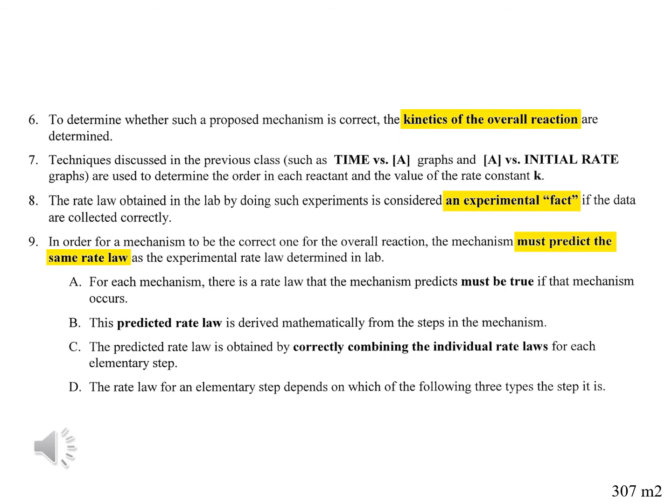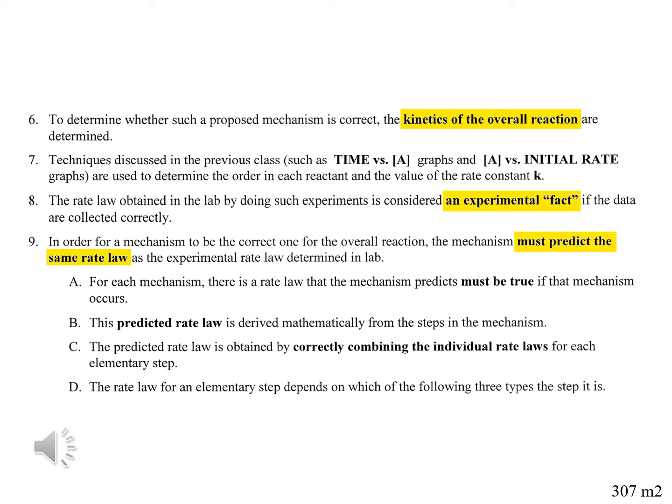But if you want to verify that a mechanism you're proposing is correct, you need to know what the predicted rate law is for the mechanism. The mechanism steps, if you do it mathematically and combine them correctly, will give a rate law that's predicted by that mechanism.